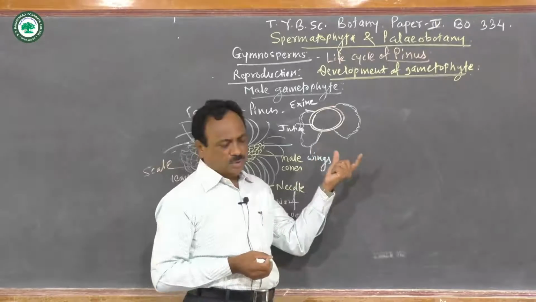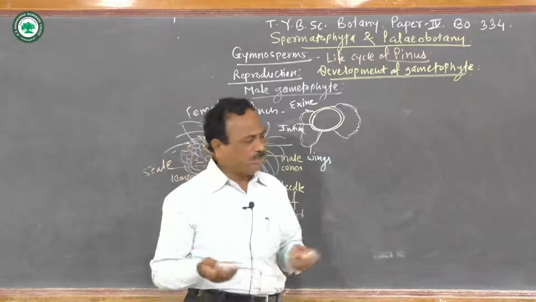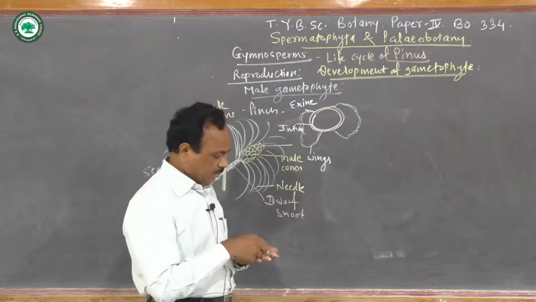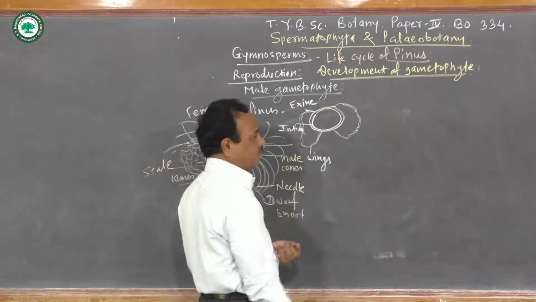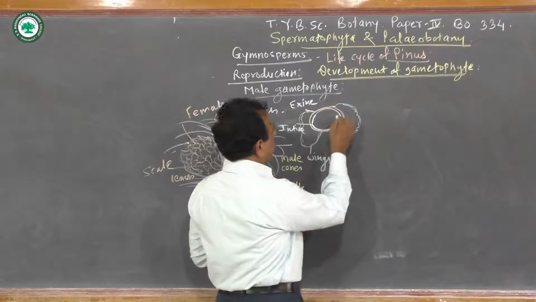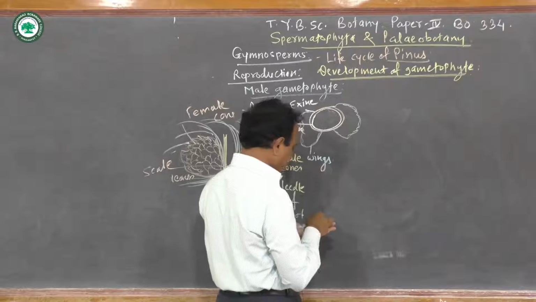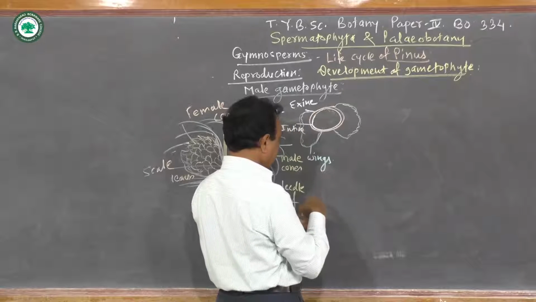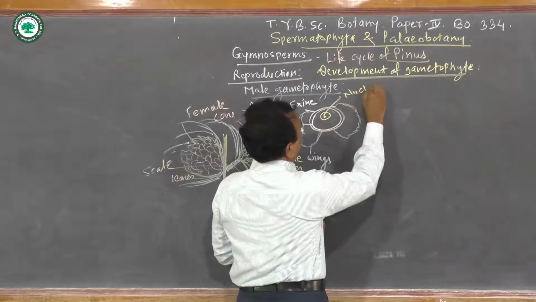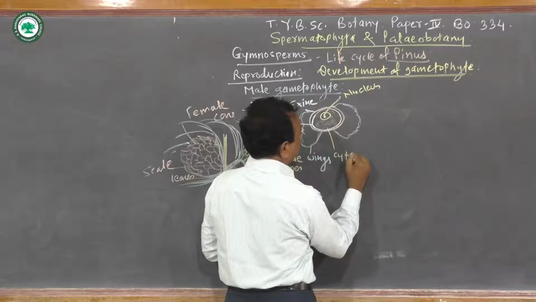When the pollen grains come outside of the sporangium, with the help of these wings they float or swim in the air and get pollinated from the male cone towards the female. Inside the entine there is a nucleus, and there is dense cytoplasm.